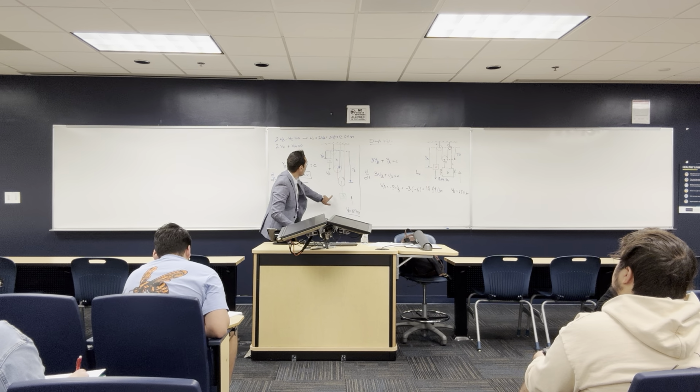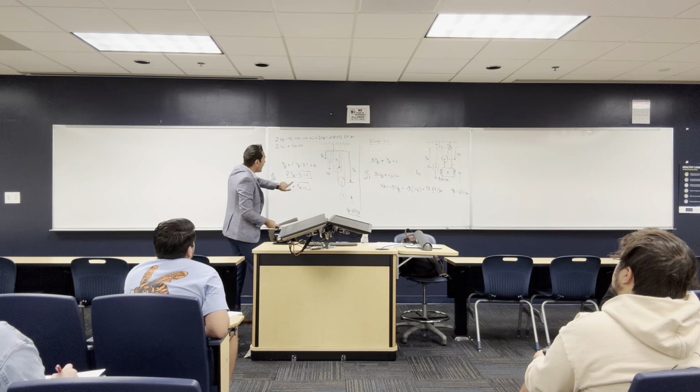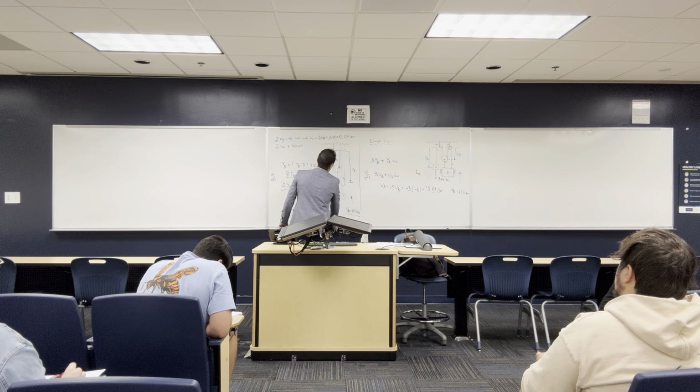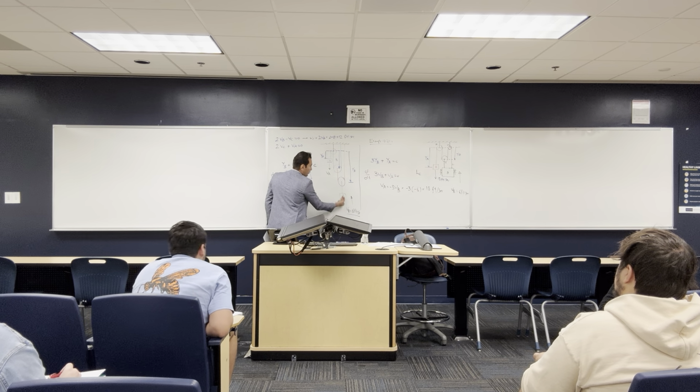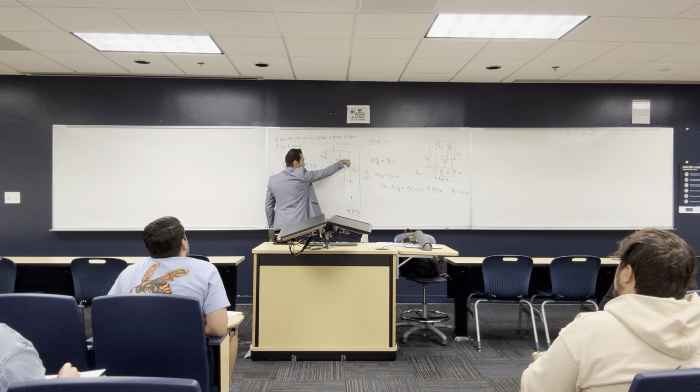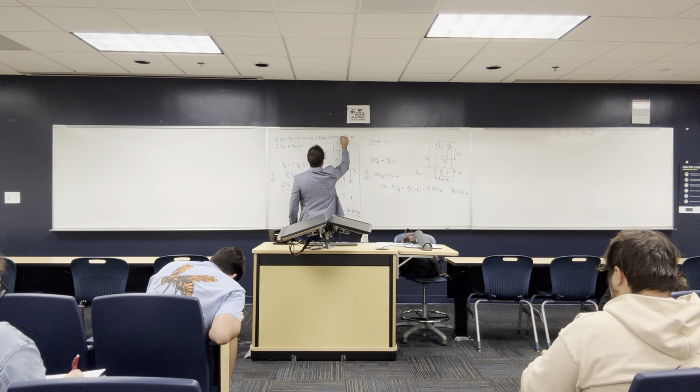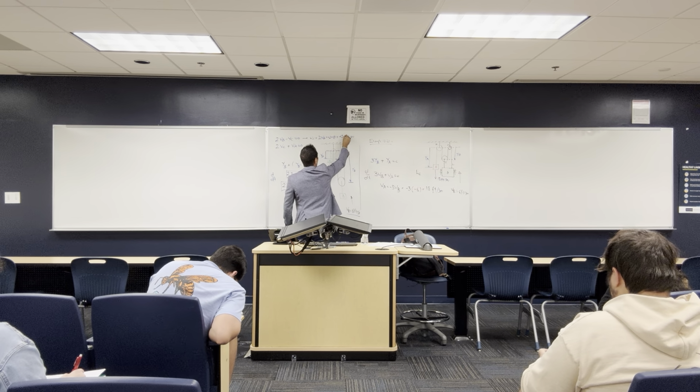So if B is going up, I have vB should be negative. Why? Because vB is 6 going up and yB's direction is down. So this should be negative and this should be negative 12. And that's how I use my engineering sense to know that my answer is not right.